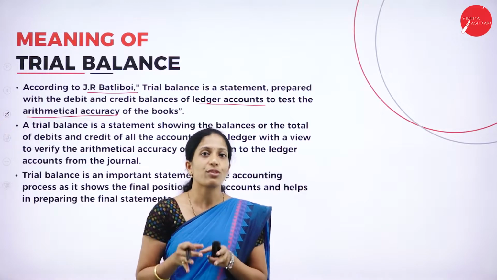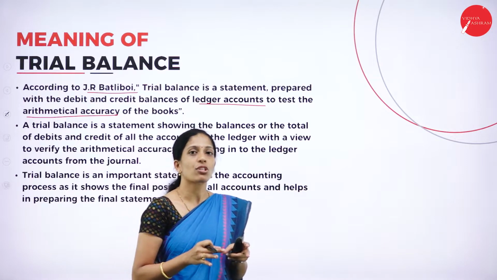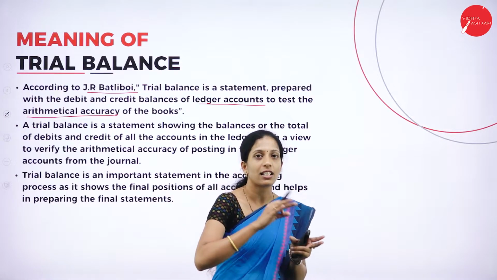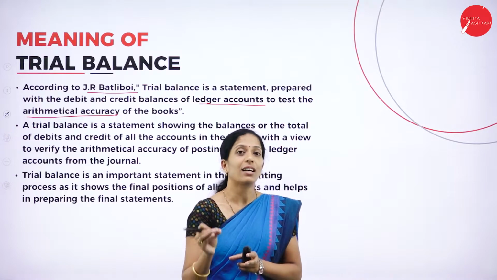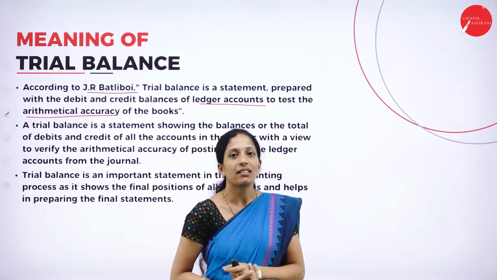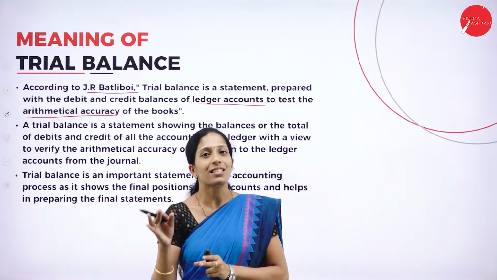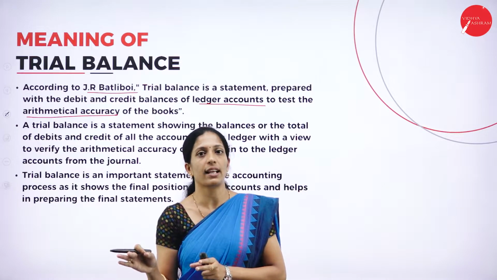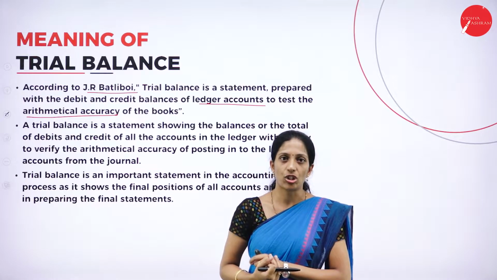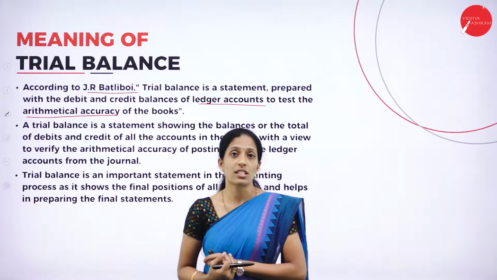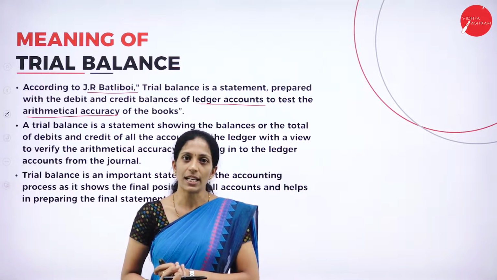In order to reduce that risk, once the transactions are recorded in the journal and immediately posted to ledger accounts, the accountant will check the ledger accounts by preparing the trial balance. What you have to remember here is that trial balance is a statement and not an account, prepared in order to check the accuracy of ledger accounts, so that the financial statement can be prepared very easily at the end of the financial year.